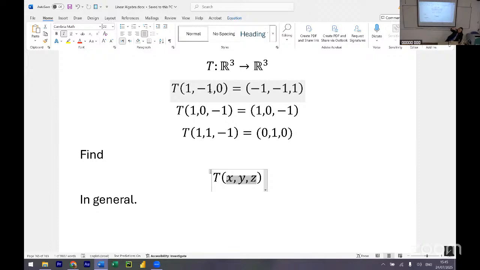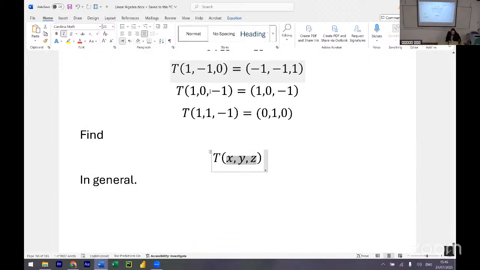You make sure they are independent, and then using theorem 2.1, because it's three vectors and they are independent, the number of vectors is equal to the dimension and they are independent. By theorem 2.1, it means that they are also spanning and form a basis for the vector space.